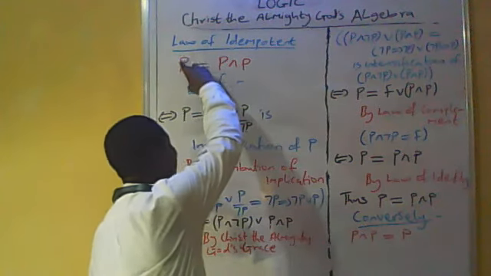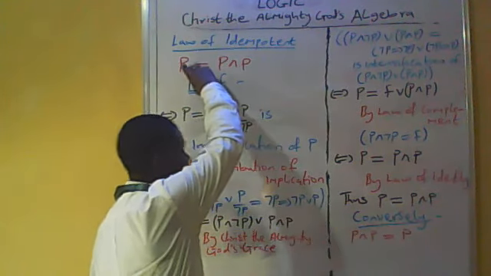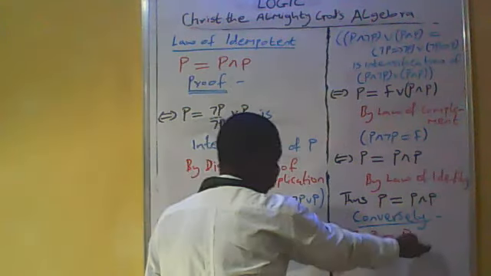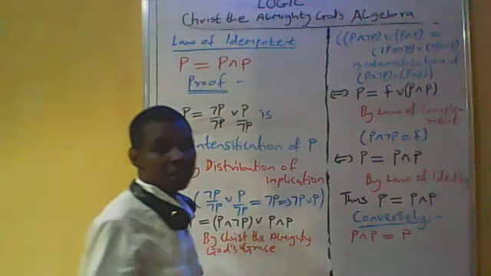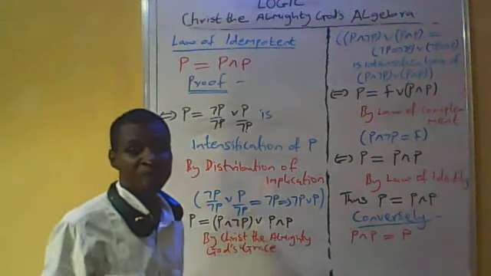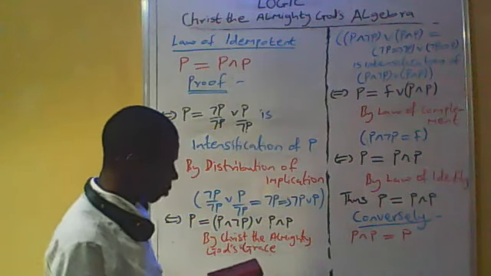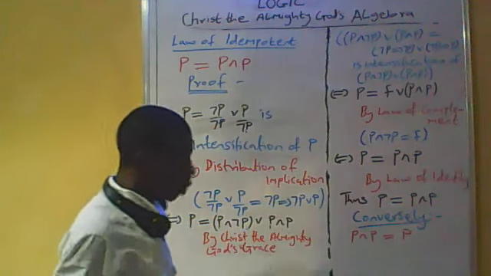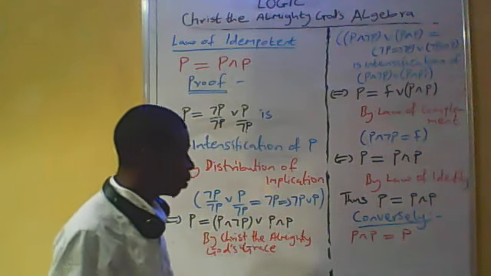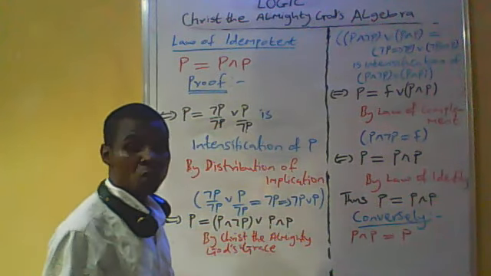Then P at the left side has now become P at the right side. We say that it is the converse. So we want to prove that P and P is equal to P.